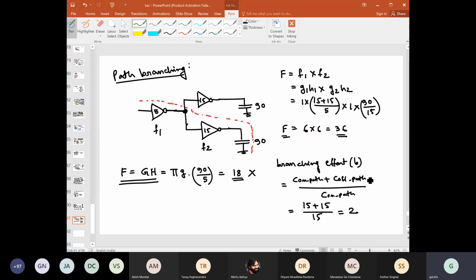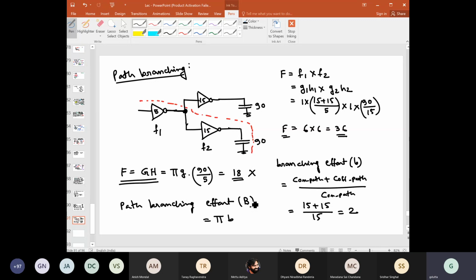If you consider the total path, then the path branching effort capital B is equal to the product of the small b's. That means you need to multiply the branching efforts of each individual stage.